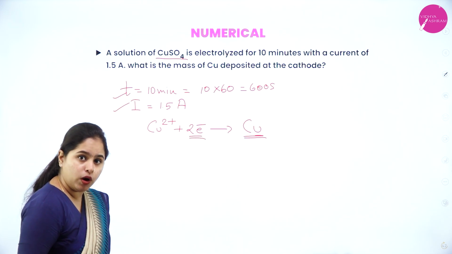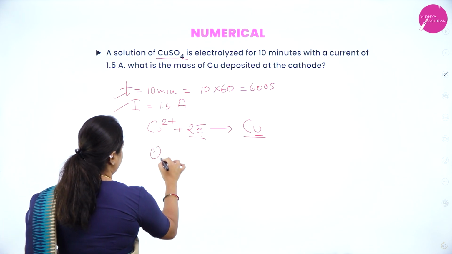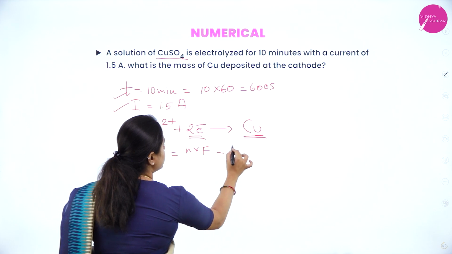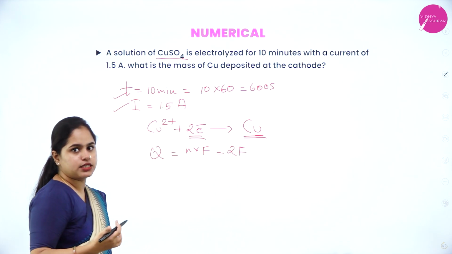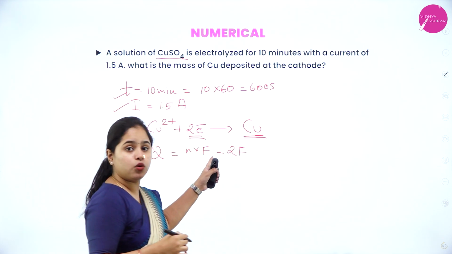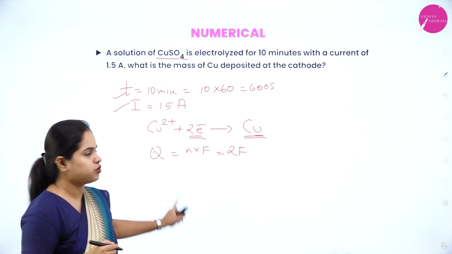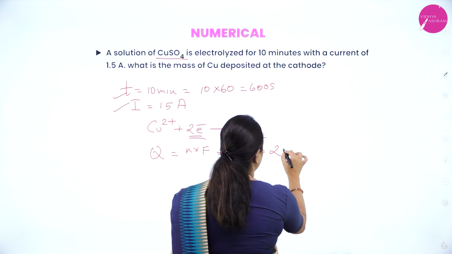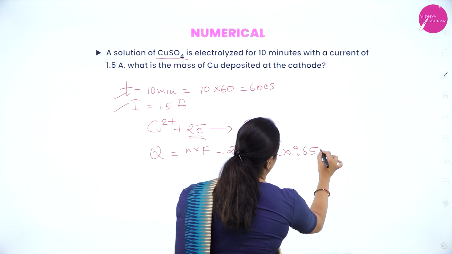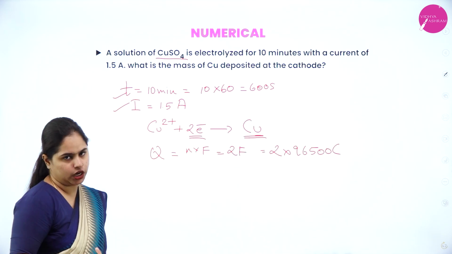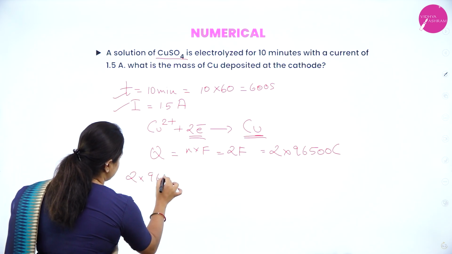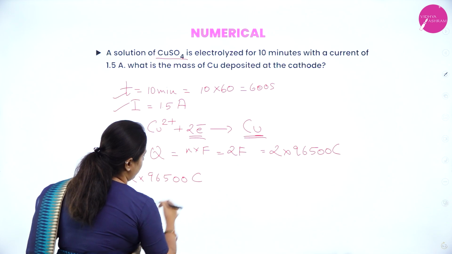So what will be the quantity of electricity? The quantity of electricity required is n into F. That means 2 farads of electricity is required. As I told you, it depends on the number of electrons. In this reaction, 2 electrons are involved, so you require 2 into 96,500 coulombs of charge.